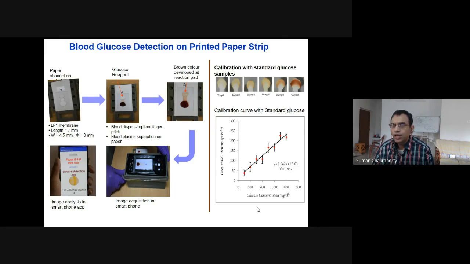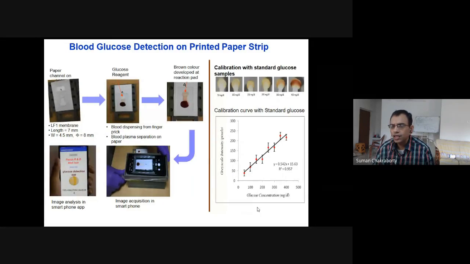What we have done here is that we have integrated the plasma separation and the glucose detection by the classical gold standard procedure in a single step process in a paper strip, in which 1 drop of blood is loaded after finger pricking, and there is a color developed in the reaction pad which tells what is the level of the plasma glucose.